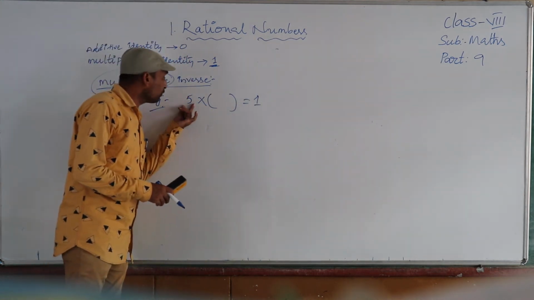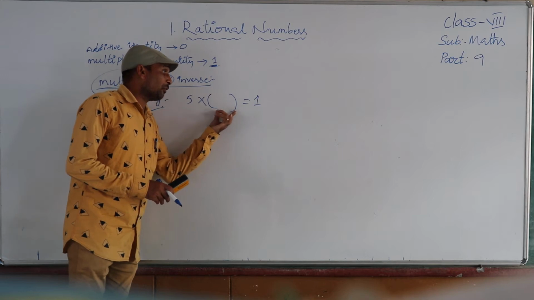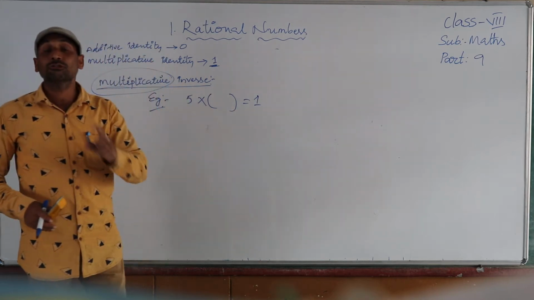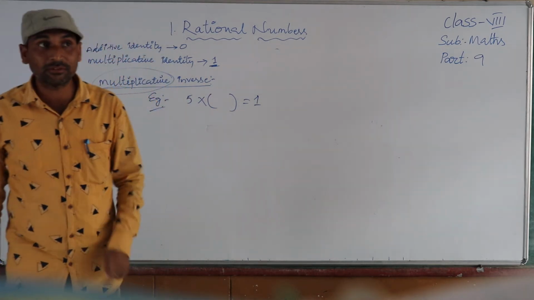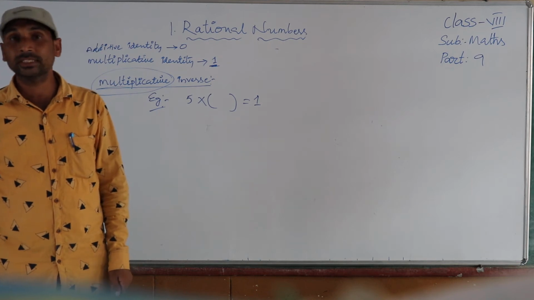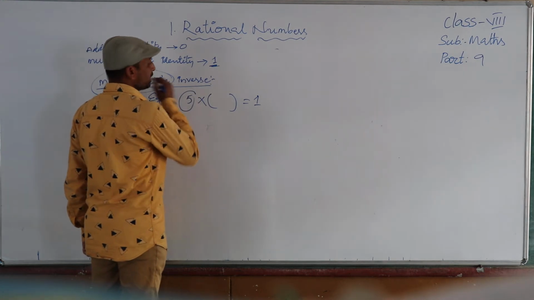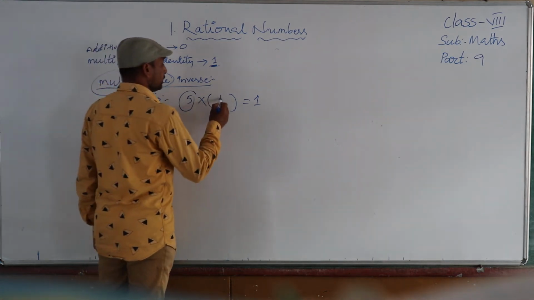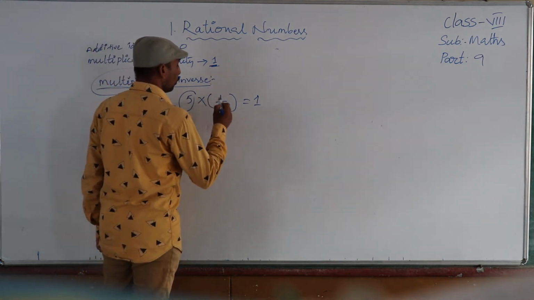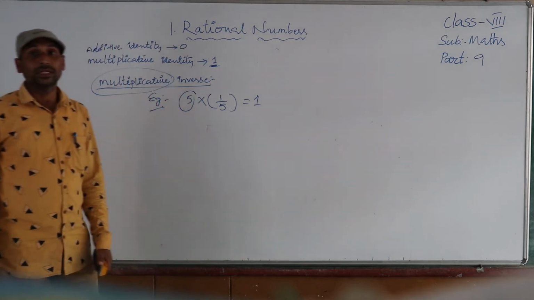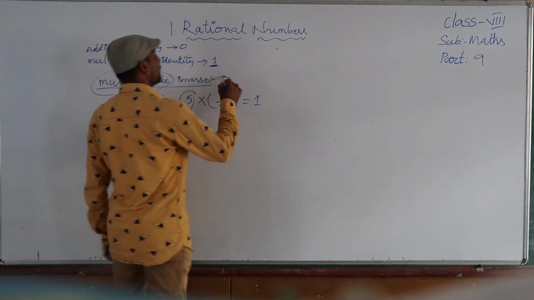So here 5 into some number to get 1. Can you say what is that? If 5 is given, we just have to take 1 by 5. This we can say reciprocal.